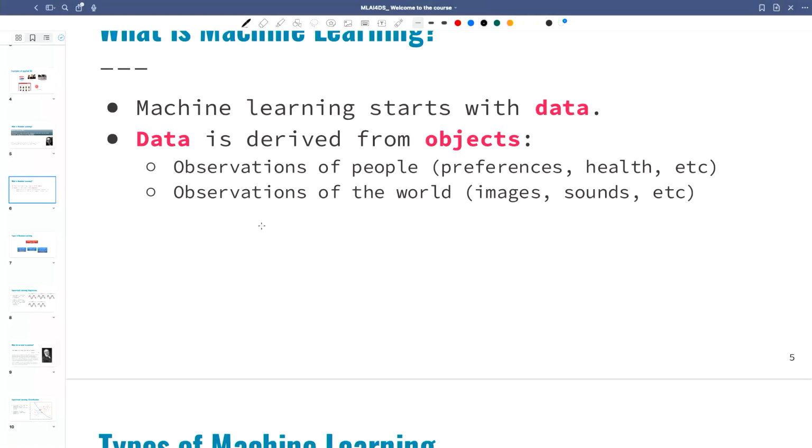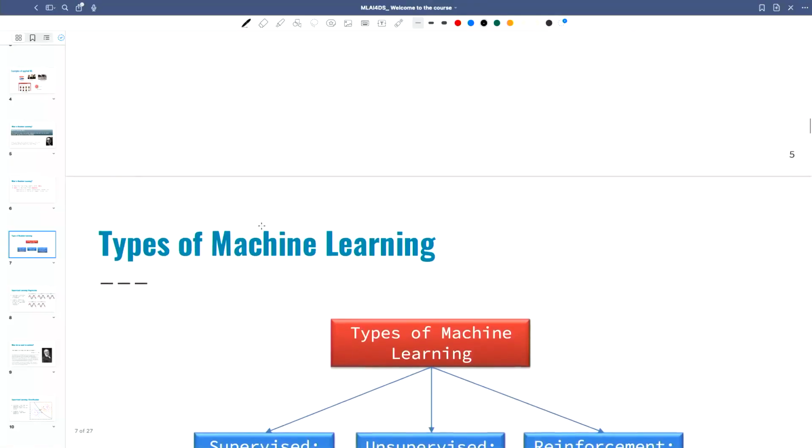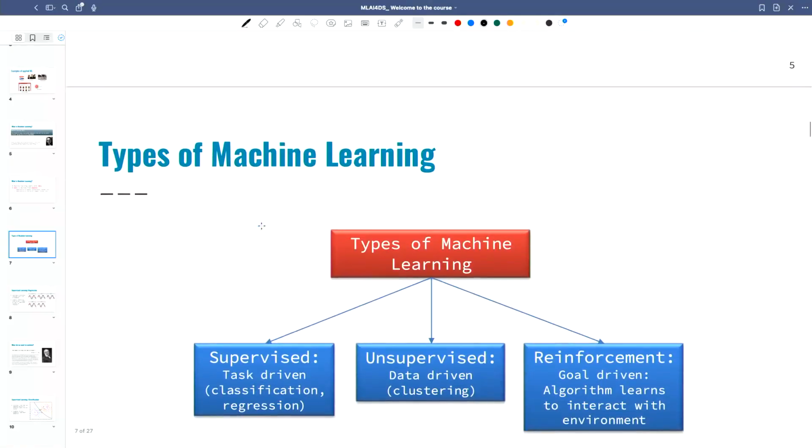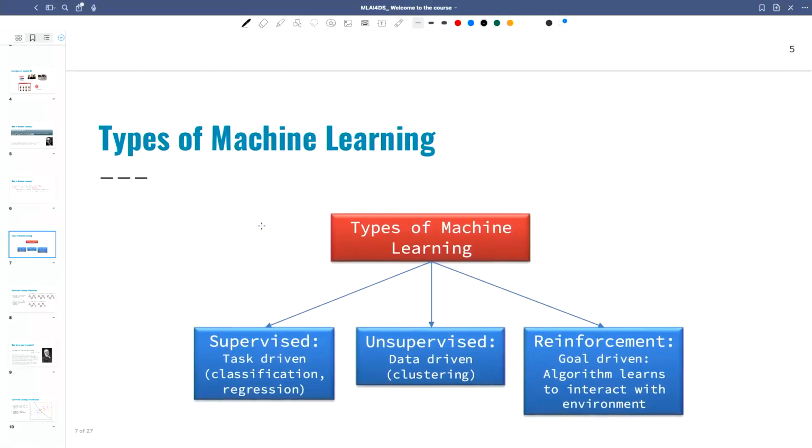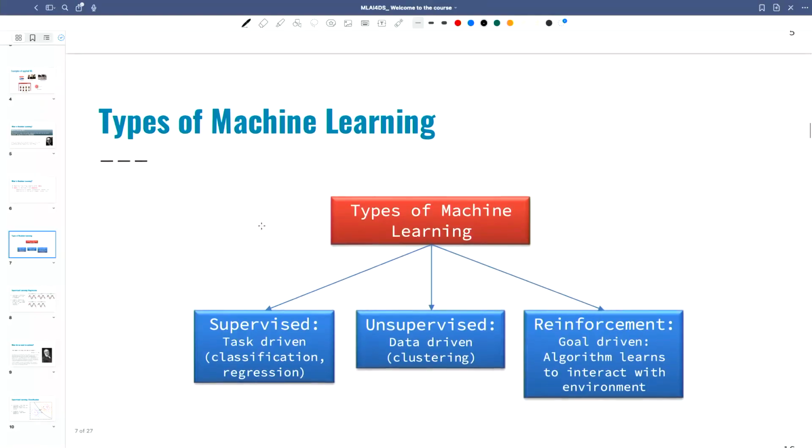So we derive these examples and quantify them. Basically, we quantify them to construct our data, okay? And then we do the next phase of machine learning. Don't worry, I'm going to give you more examples and explain the stuff a little more clearly.